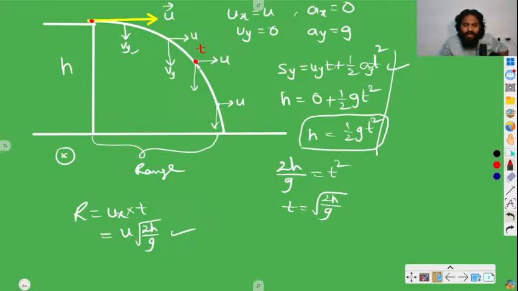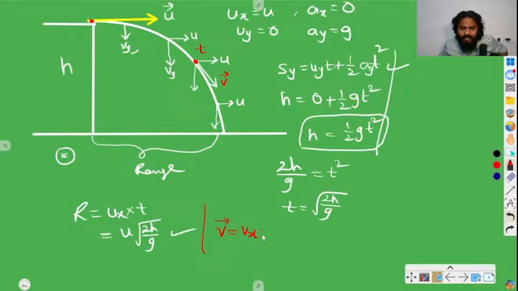Now if you want to find it, you can write the velocity vector is equal to vx i cap, right?